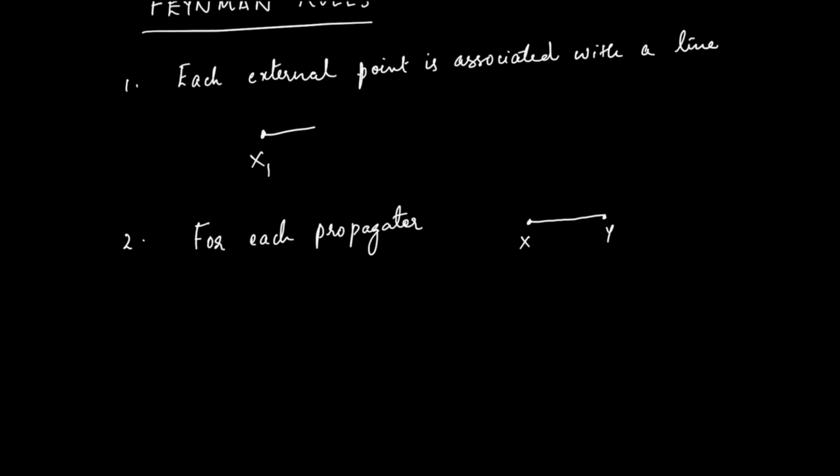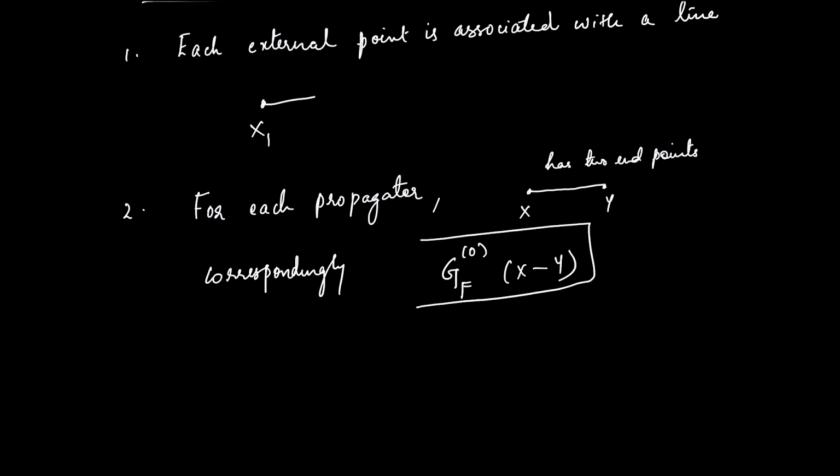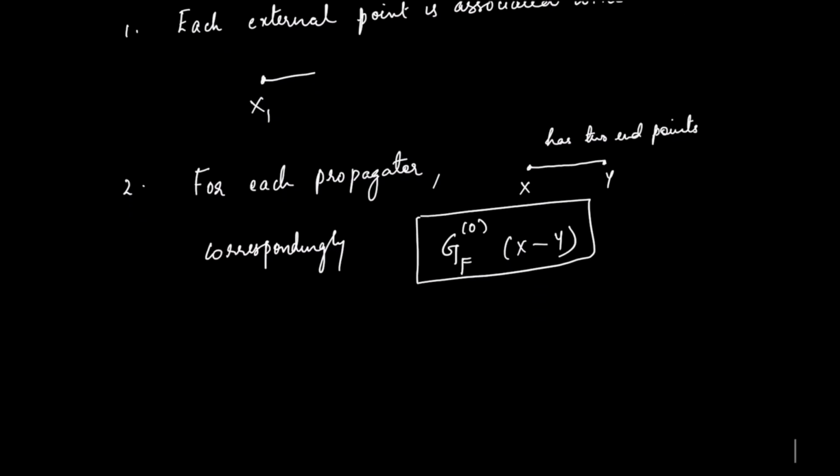Okay, so a propagator has two endpoints, and correspondingly we can write down the Feynman function for a propagator. So that is the second rule.